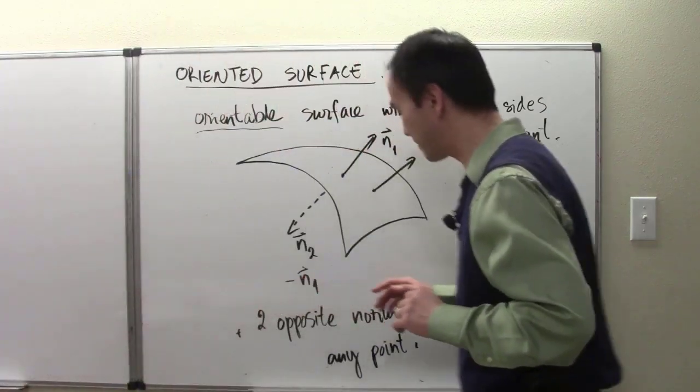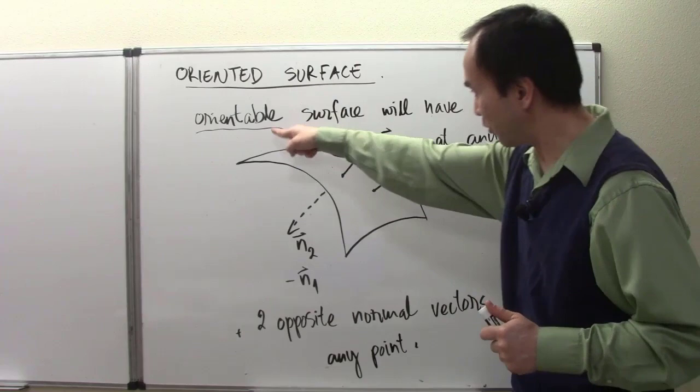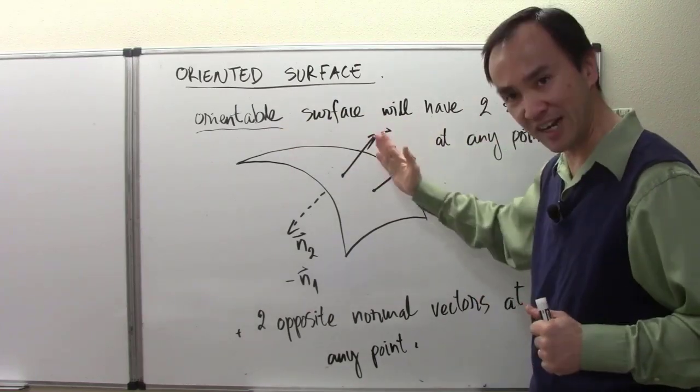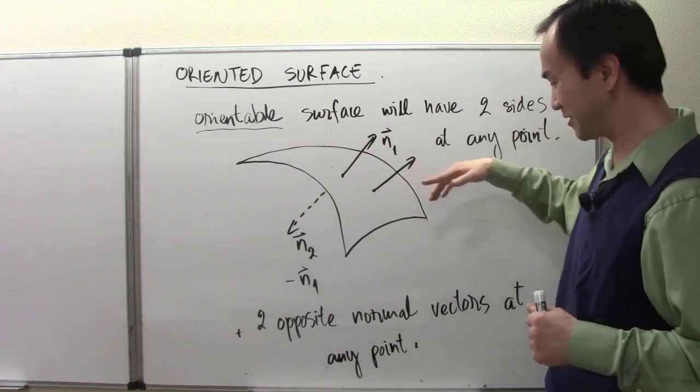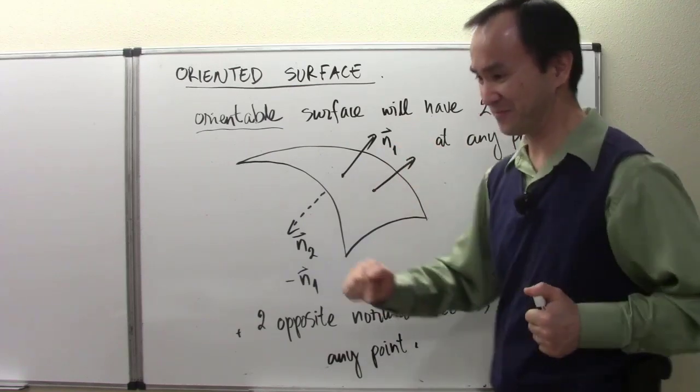Back on the picture I've set here, an orientable surface will always have two sides that we can pick. The point of having two sides is that we can pick one side.